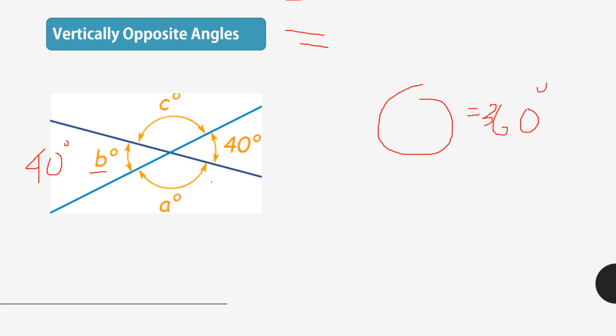So that leaves 360 minus 40 minus 40 equals 280 degrees. Angles A and C are also vertically opposite angles, so they must be equal, which means they are 140 degrees each.